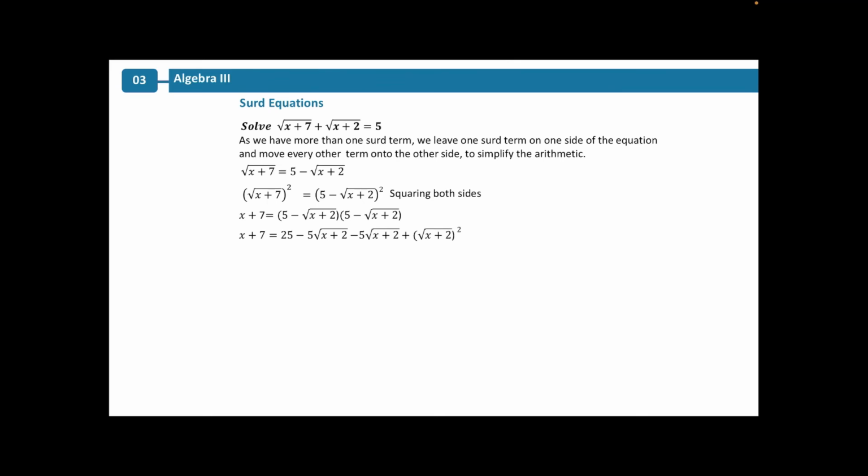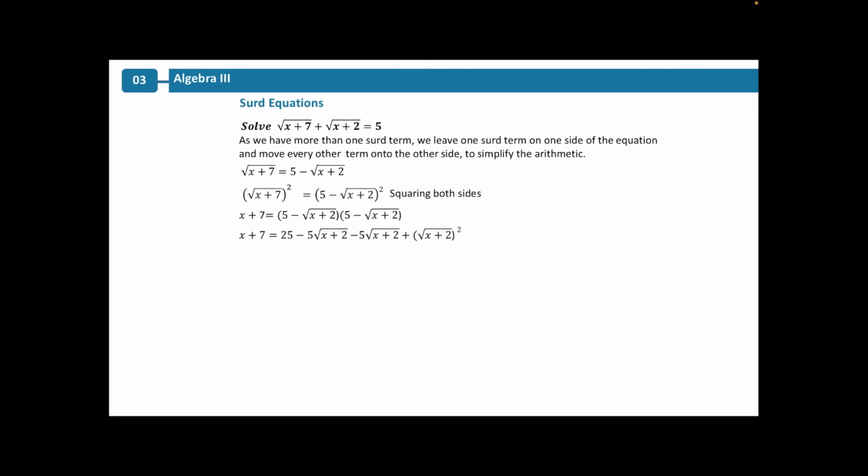This gives us x plus 7 equals 5 times 5 gives us 25. 5 times minus root x plus 2 gives minus 5 root x plus 2. Minus root x plus 2 times 5 gives us minus 5 times root x plus 2.